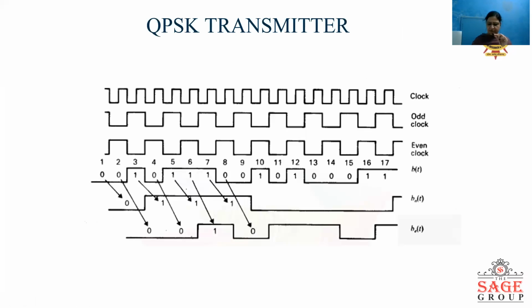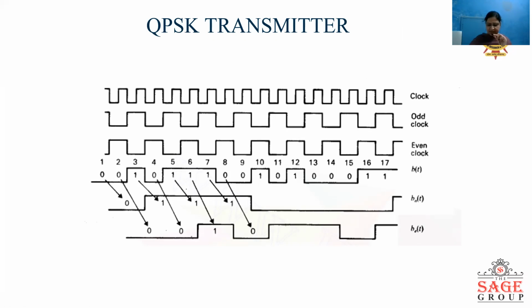In the waveforms, we can see that at the end of each bit interval, either B0T or BET can change, but both cannot change at the same time. So this QPSK system is called offset or staggered QPSK system, which is known as OQPSK.